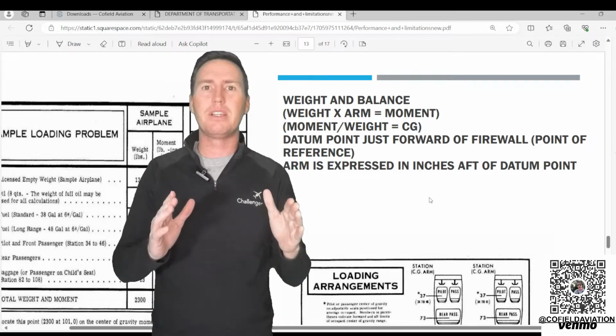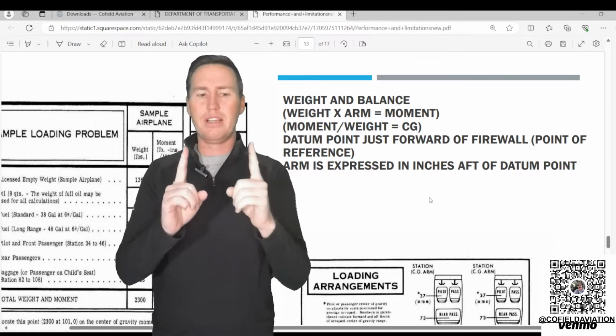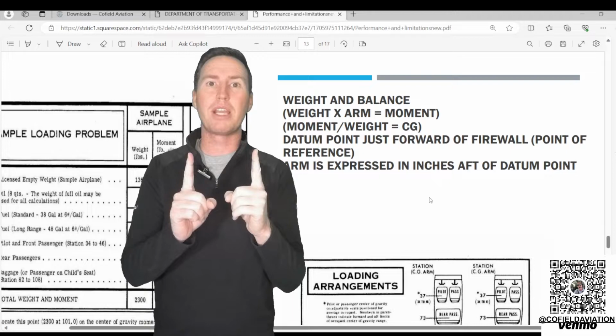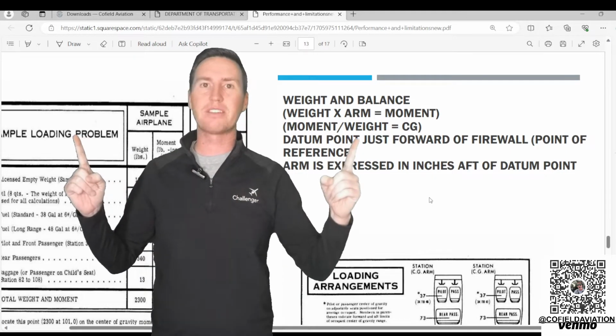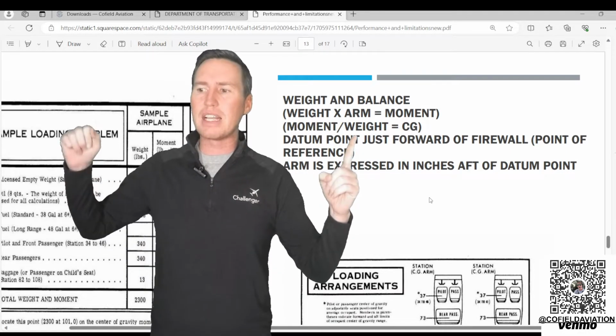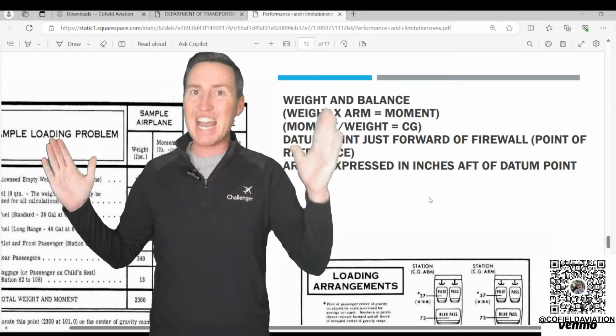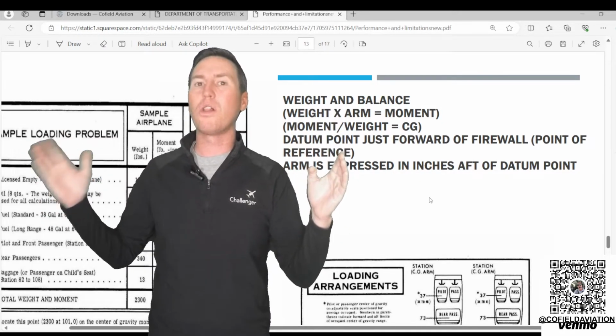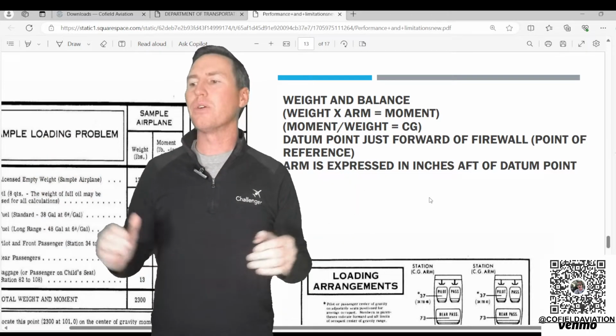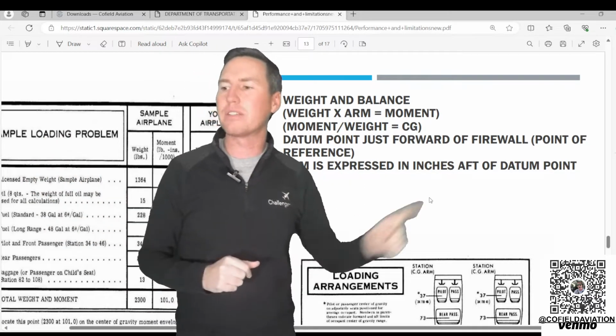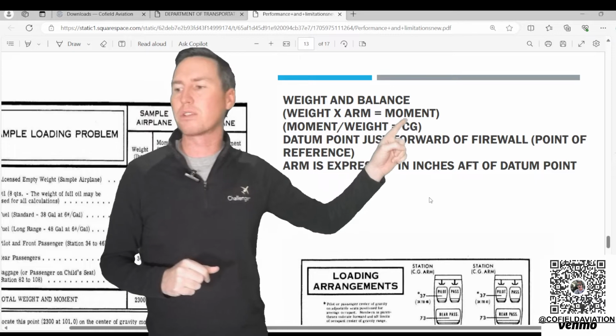If you use a wrench that's this long, you may not break it free. But if you use a wrench that's this long, then you are applying so much force this far aft of the datum point, you're applying a whole lot more force, okay? So that's what we're looking at when we talk about moment, is just the force applied.